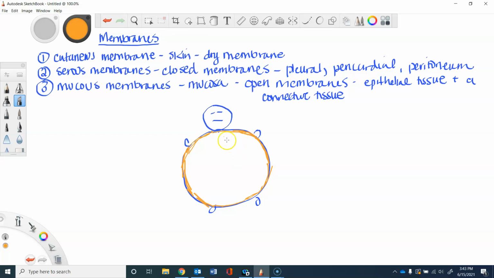The serous membranes, again, are around the heart, the lungs, and the abdomen. Okay, so those are serous membranes. They're going to cover the lungs, the cavities of the lungs, the heart, the cavity of the heart, and then the cavity where the abdominal organs are.